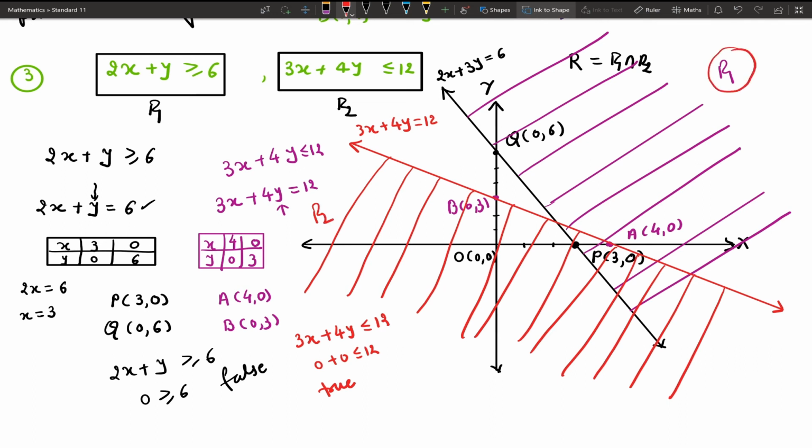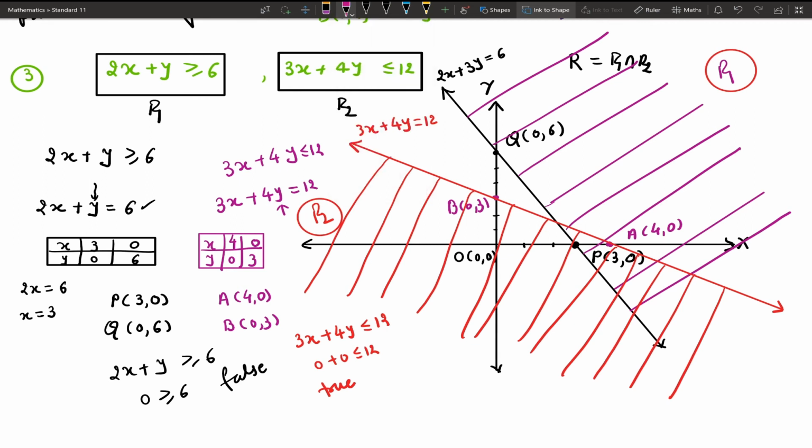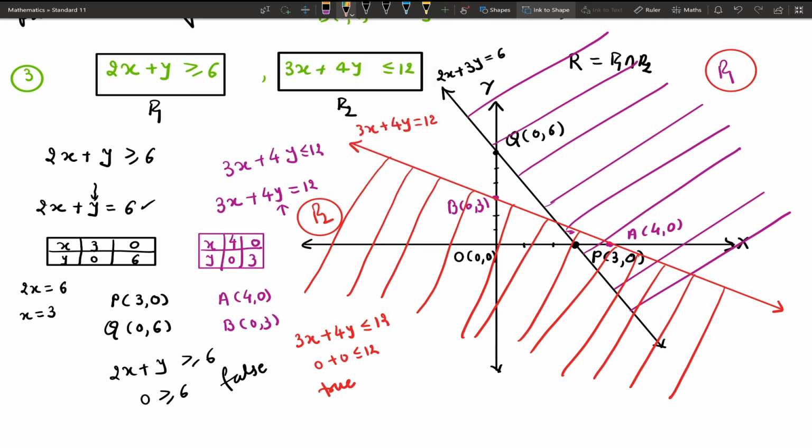From R1 and R2, R1 intersection R2 is nothing but this portion, the common portion.